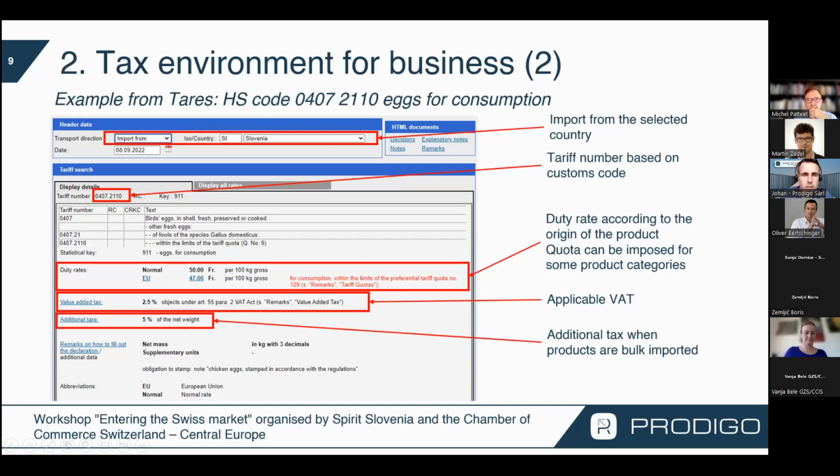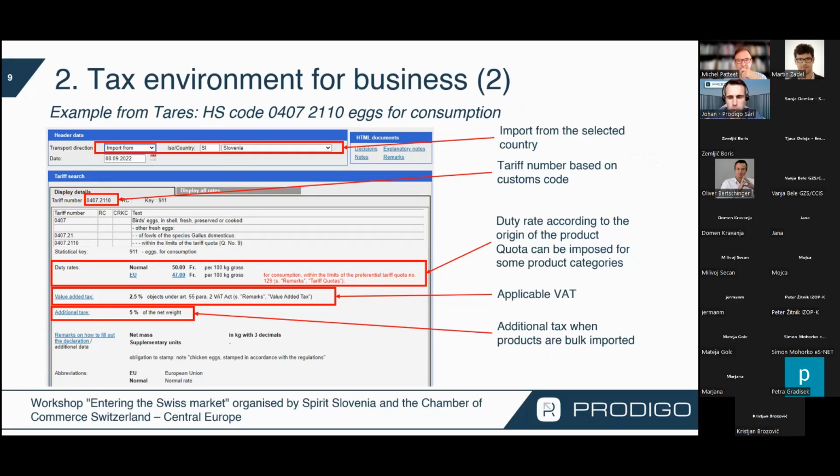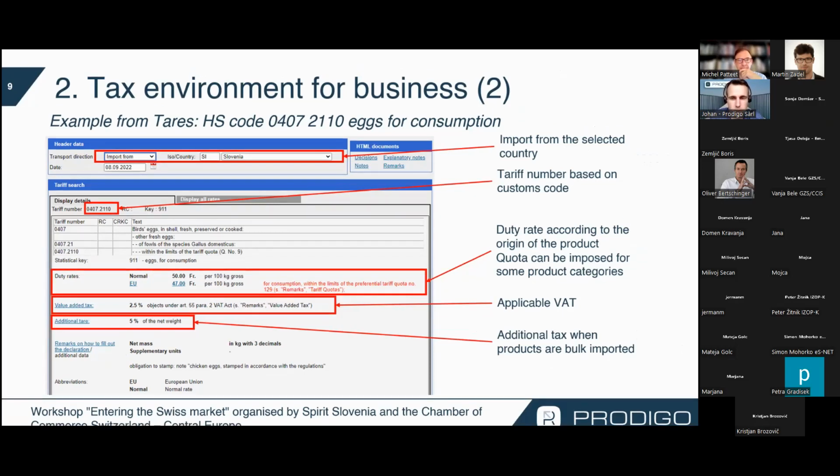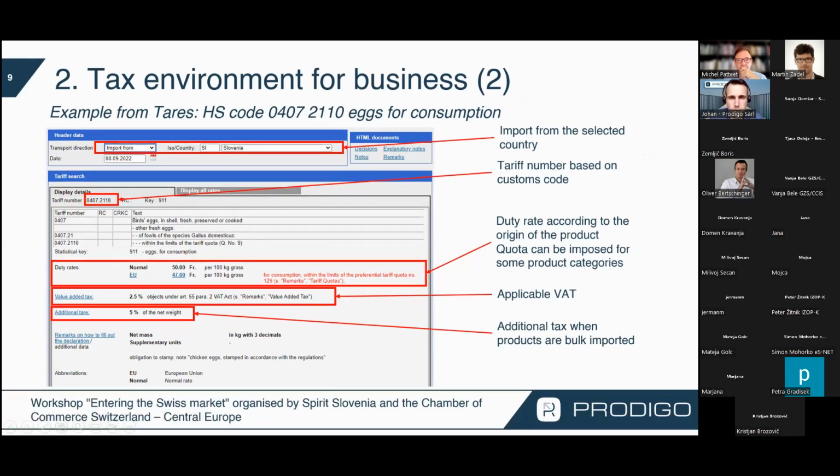For example, here we selected importing eggs for consumption from Slovenia, and we see that the import tariff is 47 Swiss francs per 100 kilograms for the EU country, which is shown here, and for other countries, the tariff is 50 Swiss francs per 100 kilograms for importing eggs for consumption.